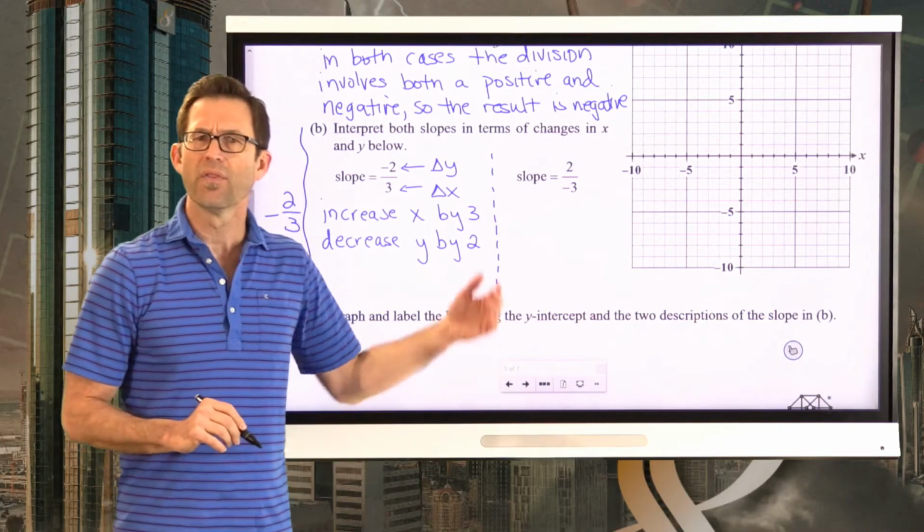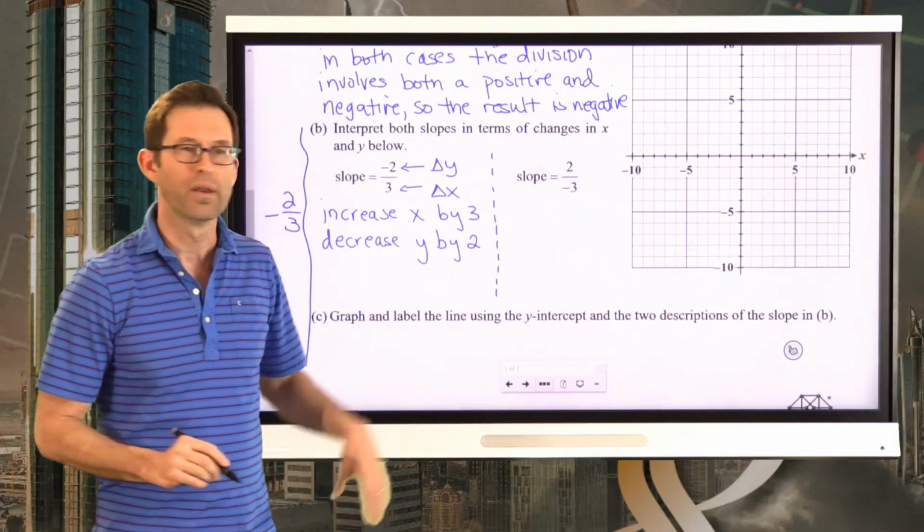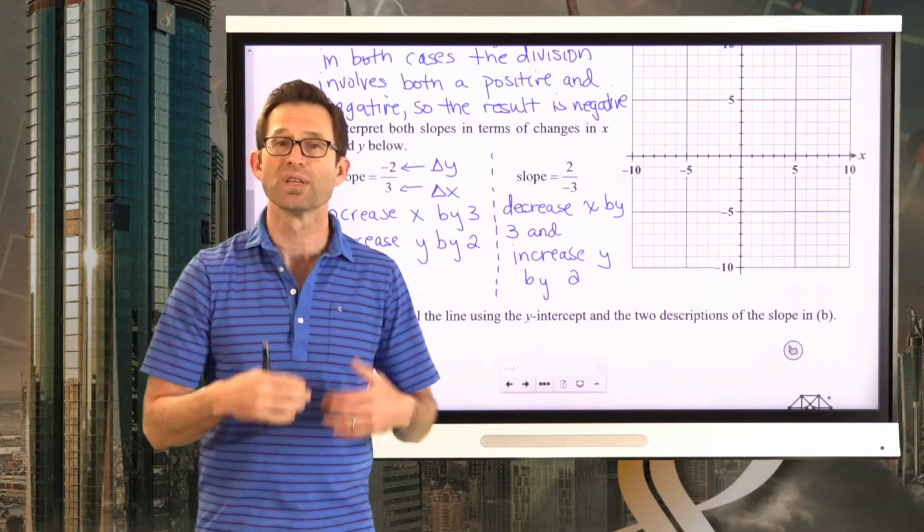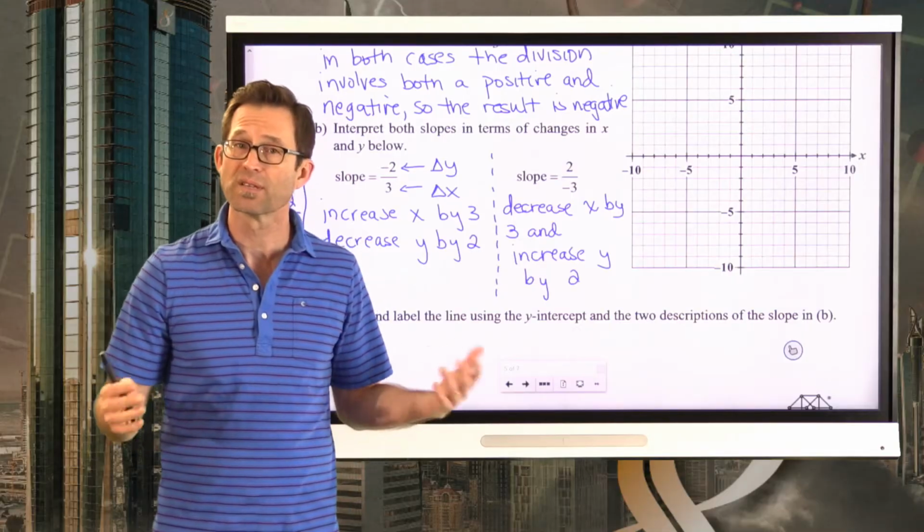On the other hand, this one would be decrease x by 3 and increase y by 2. Just to be very clear, a positive number represents an increase, a negative number represents a decrease.